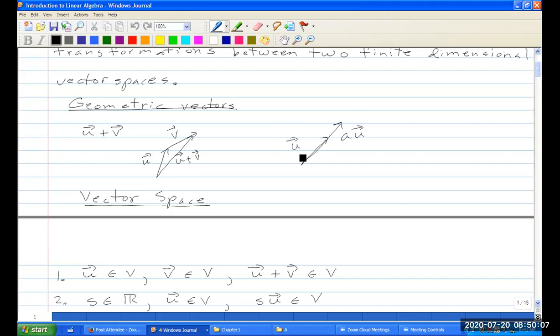If I have some vector u, I can stretch it or I can compress it. And so I can draw another vector in the same direction, but just having a different length. By, let's say, if this was 2, I could double the length, or if A here was 3, I could triple the length.